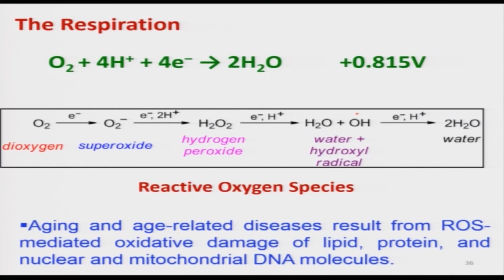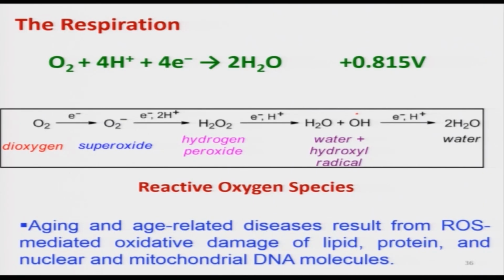You know that radical reactions are very dangerous, because they are difficult to stop, and these radicals or reduced species are collectively called reactive oxygen species. And aging and age related diseases result from this ROS mediated oxidative damage of lipids, proteins, and nuclear and mitochondrial DNA molecules.